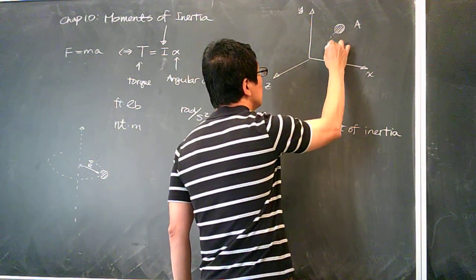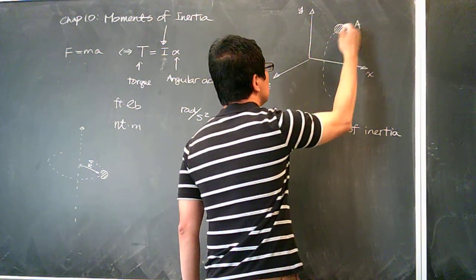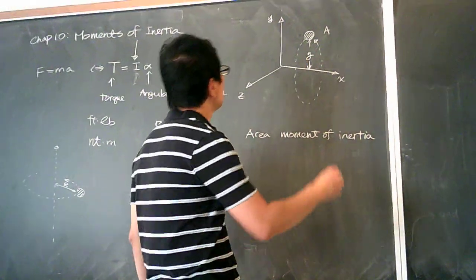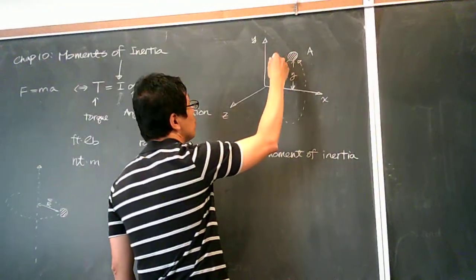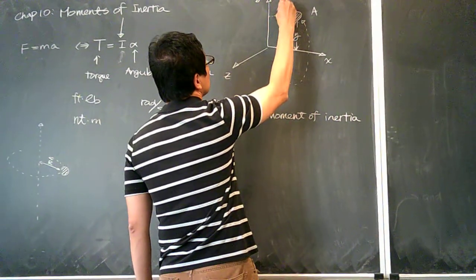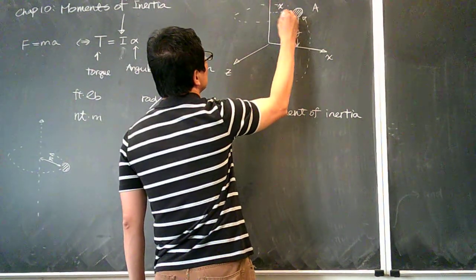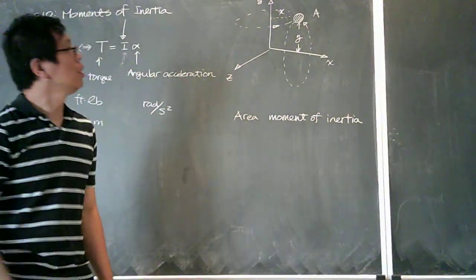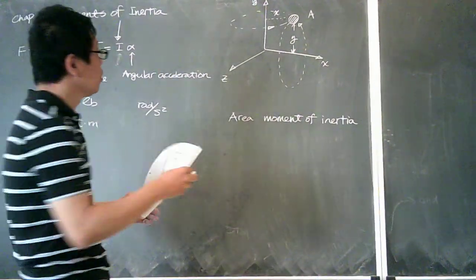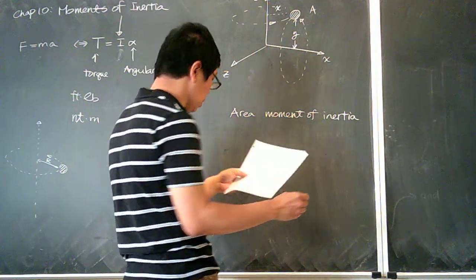That is indicating this object is moving around this axis. If we're talking about around the y-axis, it's going to be something like this. We need to know the x here, and we also need to know something like this.